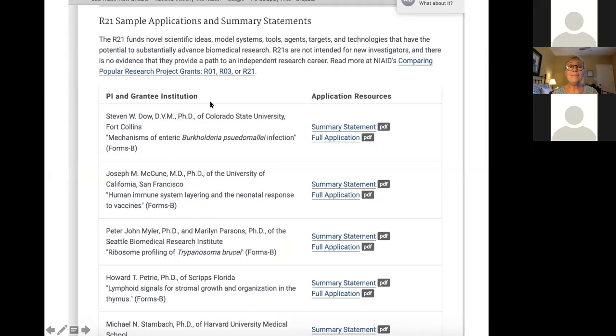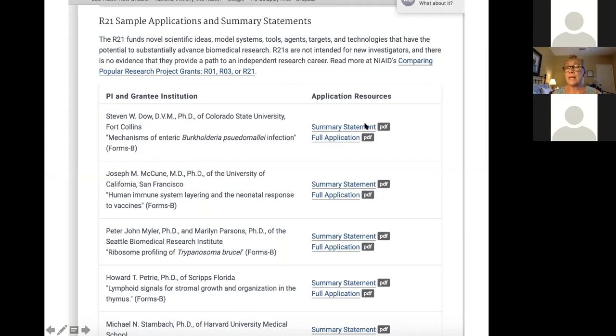Not only do you get the full application, which includes budget and things like that, where somebody's salary might be redacted, but most of the information on what you write in a budget justification and how it's supposed to look will be there.